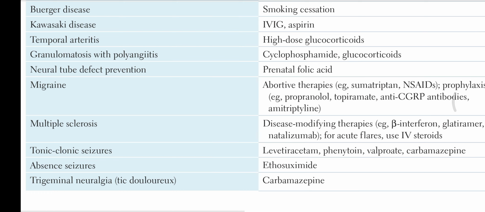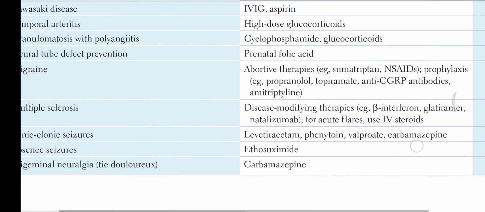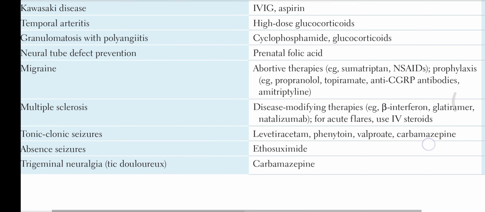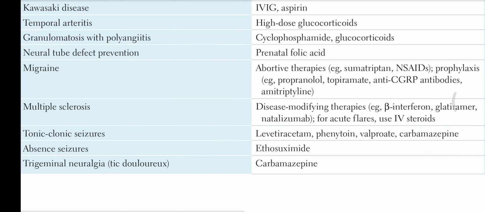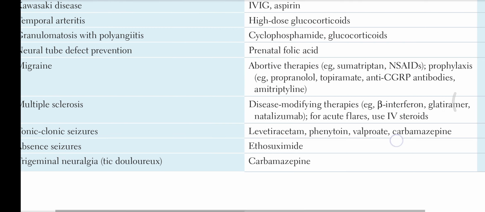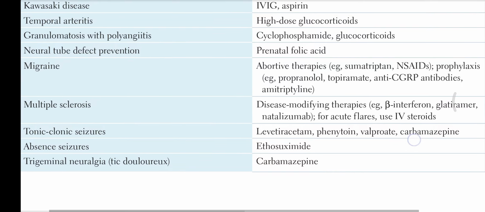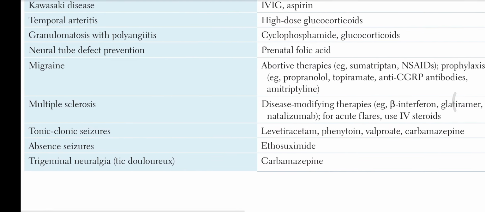Neural tube defect prevention, prenatal folic acid. Migraine: abortive therapies and prophylaxis.